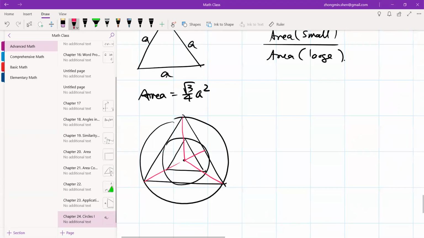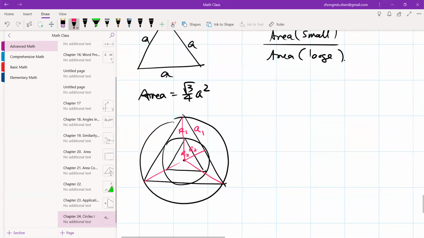Okay. Now, if you know the radius, you can get to the edge. Let's call this one A1, that's R1, right? Then that other one is A2, and the radius is going to be R2.